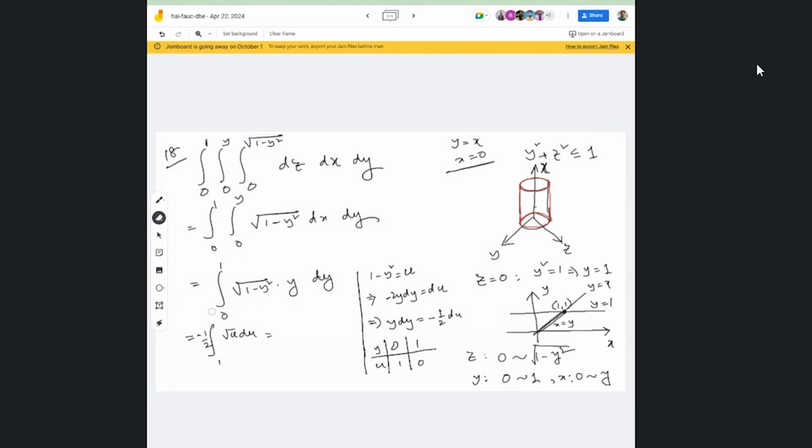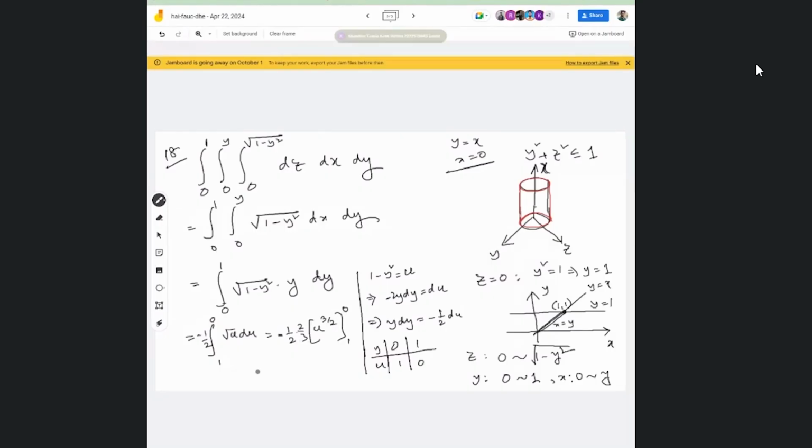So it comes up with minus half, u to the power 3 by 2, times 2 by 3, from 1 to 0.